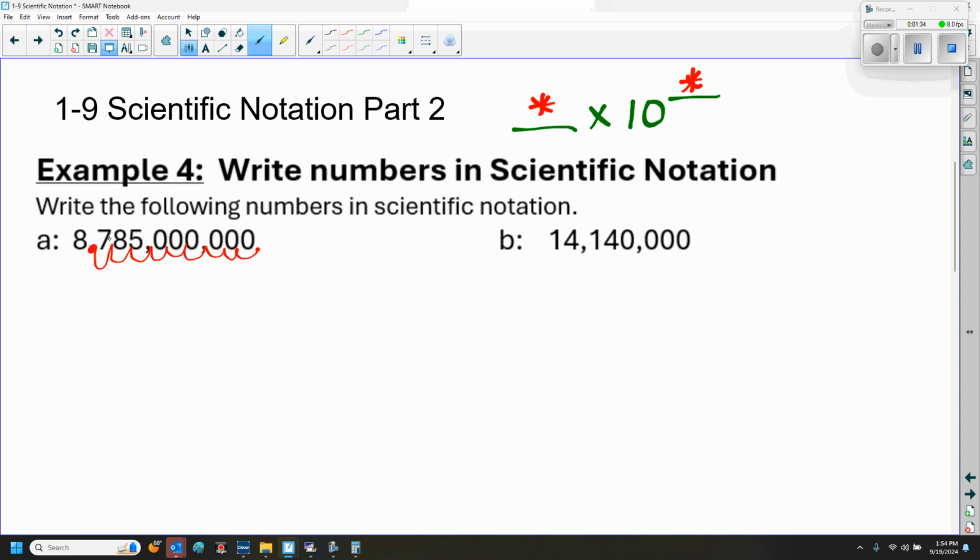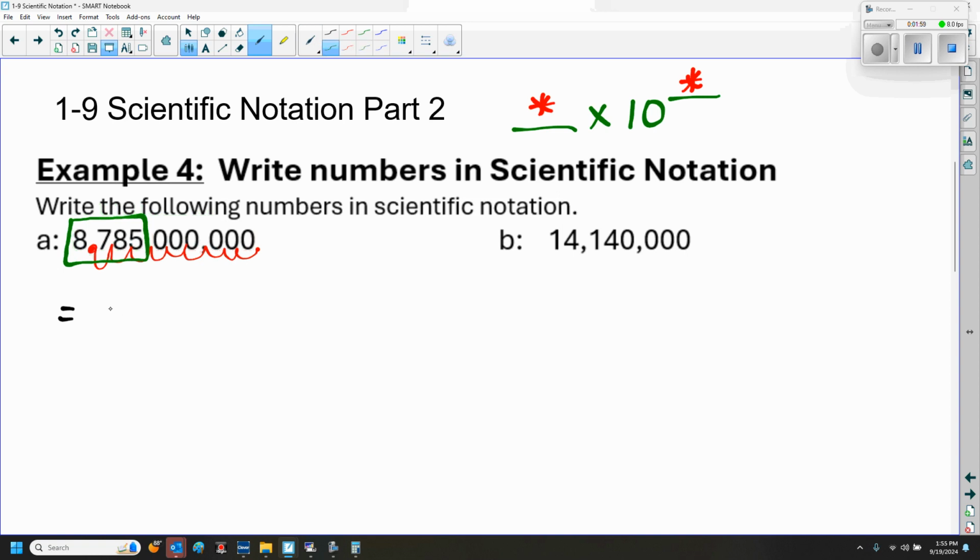So 8.785 is greater than or equal to 1, and it is less than 10, and that's what we're looking for. So when we write down our scientific notation, we're going to write this first part with 4 significant digits, okay?